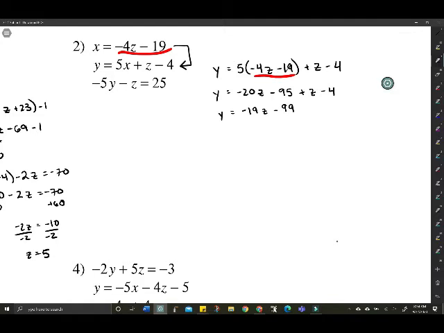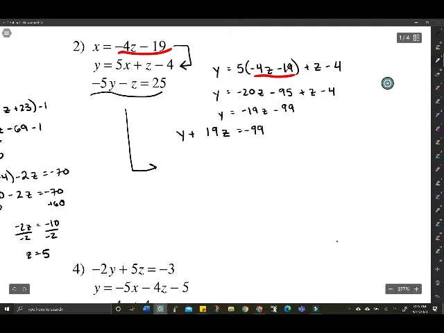And again, you have to end up using elimination or substitution usually at most points. So I'm then going to turn this into something I'm a little more comfortable with, adding the 19z over, and then I have y plus 19z equals negative 99. So what I did, I got it in the same format as this, negative 5y minus z, so that now I can use elimination or substitution.